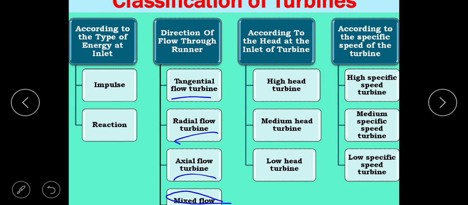According to the head at the inlet of the turbine, we can classify turbines as high head turbine, medium head turbine, low head turbine.